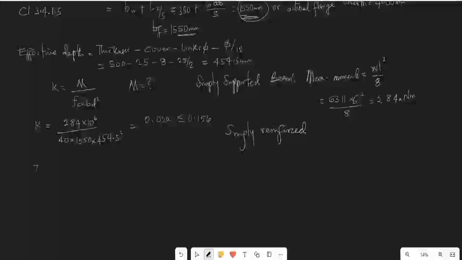All right, so we can go for our Z value, which is D in the bracket 0.5 plus the square root of 0.25 minus K over 0.9. All right, so our Z will be, and this also should be less than 0.95 D.